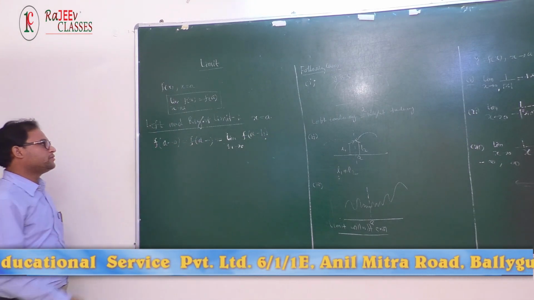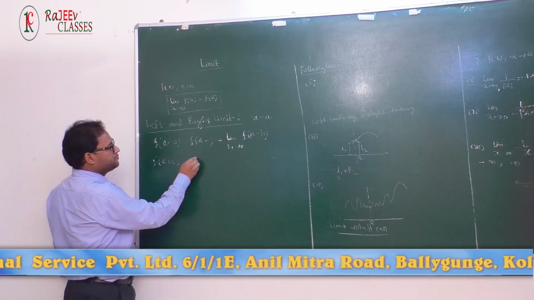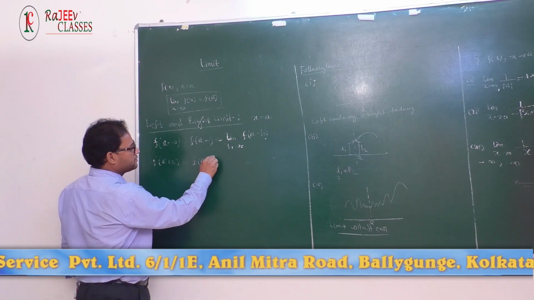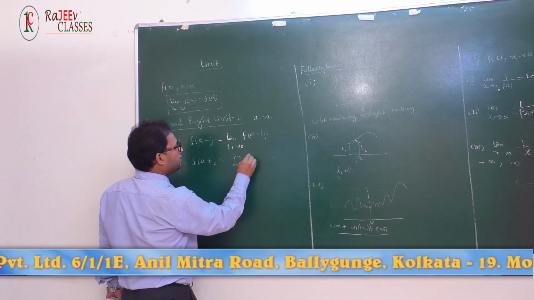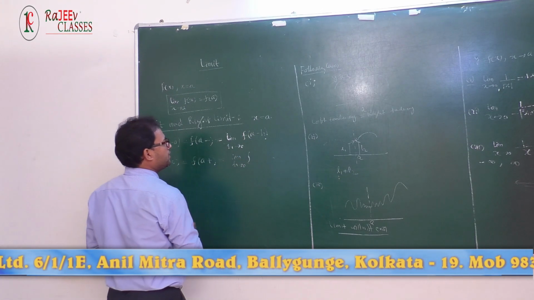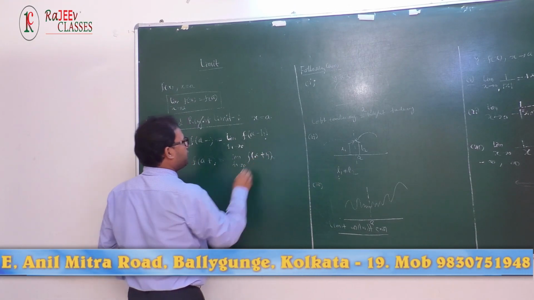The right limit is defined as f(a plus 0), or simply written as f(a plus), and it is defined as limit h tends to 0 of f(a plus h).